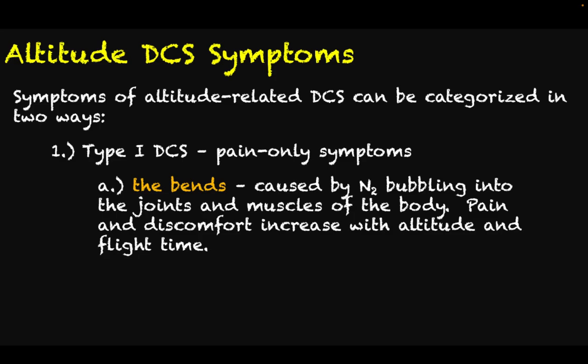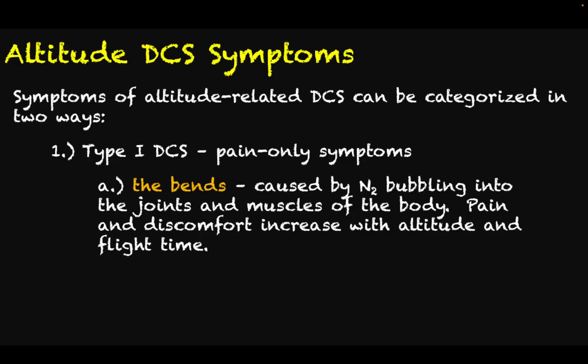So if we start with the type 1 symptoms, we will start with the bends, which again is caused by nitrogen bubbling out of solution. And usually this is going to affect the joints and muscles of the body. So really what you're talking about here is some pain and discomfort in your muscles and in your joints, maybe some neck stiffness, maybe some pain in your ankles or in your knees.